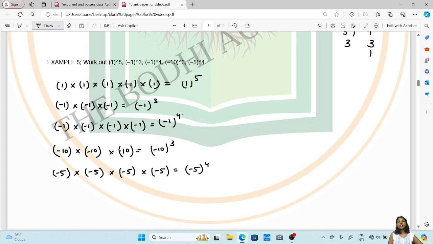Now see, here it is just 1. So if you multiply 1 five times, your answer will still be 1. Now look here. You multiply 1 into 1 into 1 is 1 only. But now look at the signs over here. So minus into minus, minus into minus is plus, right?